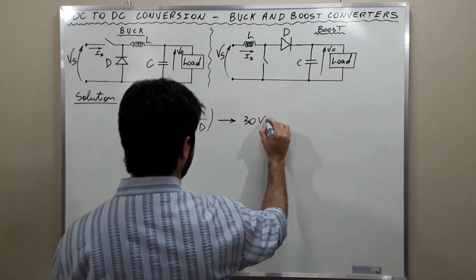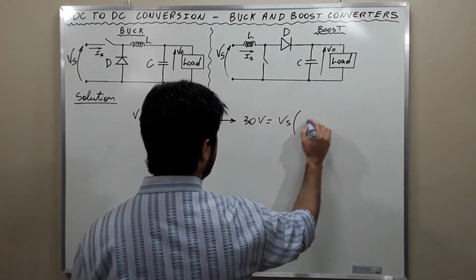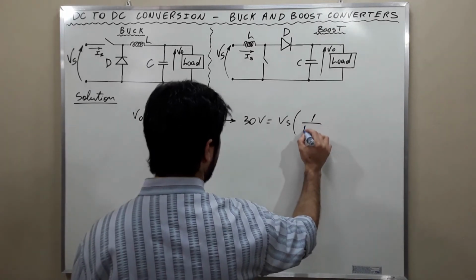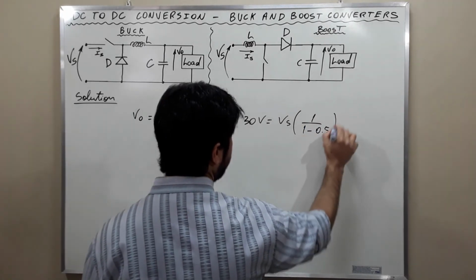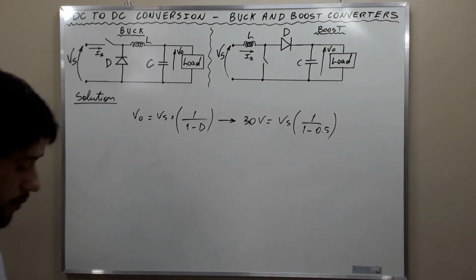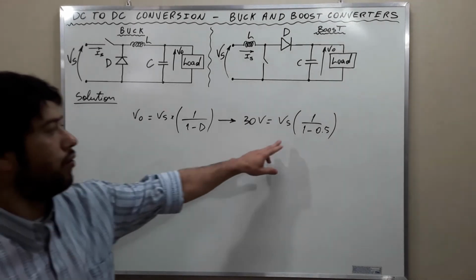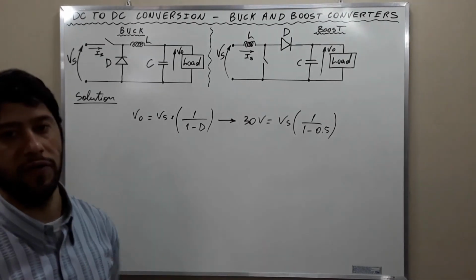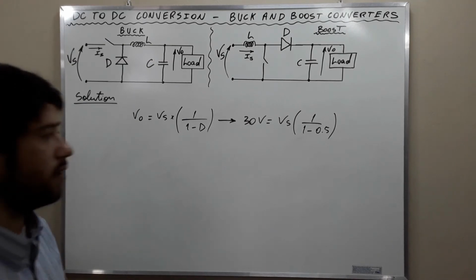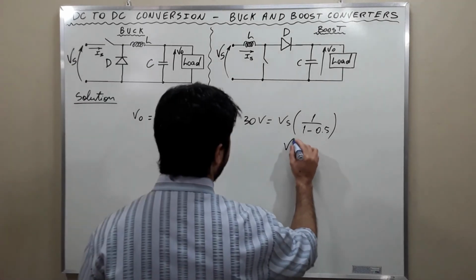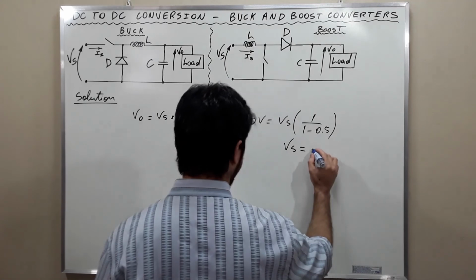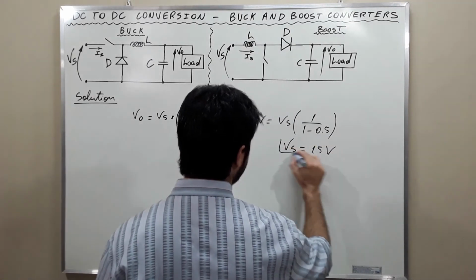Then 30 volts is equal to Vs times 1 over 1 minus 0.5. From this it is easy to infer that Vs is equal to 15 volts.